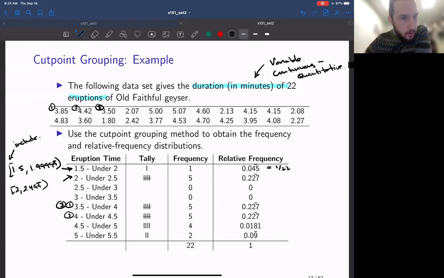Okay. Michael, with cut point grouping, is it standard to always use under, or is it up to you to choose how it's grouped? That's a good question. Conceptually, I think you don't have to do it this way.